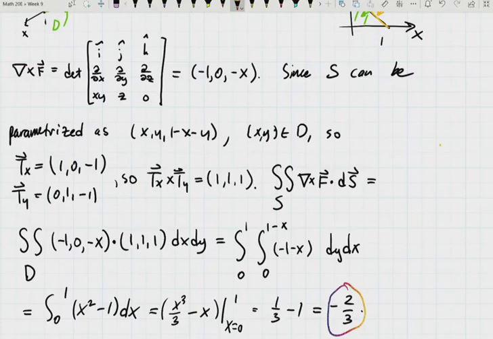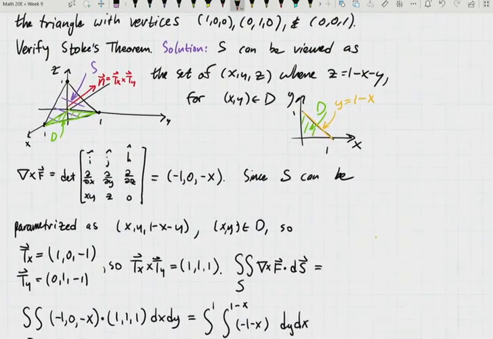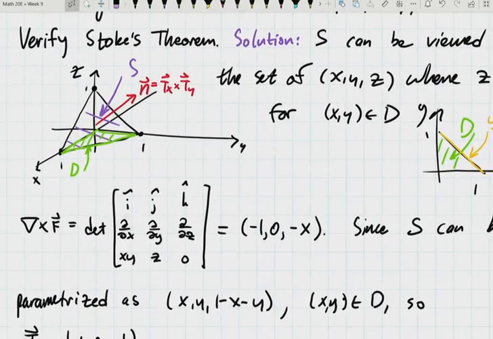But I'm supposed to verify Stokes' theorem, so I should also get -2/3 if I do the line integral. Okay, so let's do the line integral. The line integral around the boundary of S. What is the boundary of S?